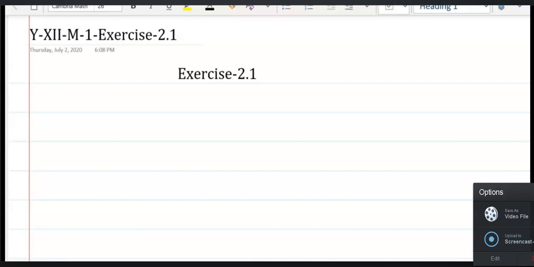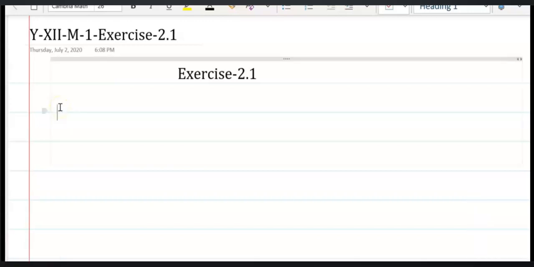What are the elementary transformations, and how do they happen? Now we will learn this from this exercise. I will explain whatever problems are given in exercise 2.1. Now let us start. The first example.